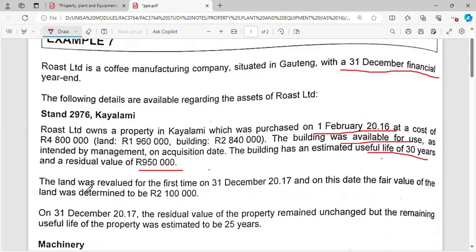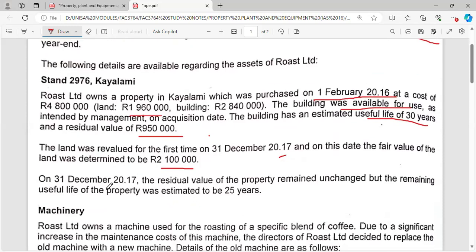Then they say the land was revalued for the first time on 31 December 2017. On this date, the fair value of the land was determined to be 2,100,000. You can see from here that there's a revaluation surplus on the land, which means we need to increase the land to 2,100,000.